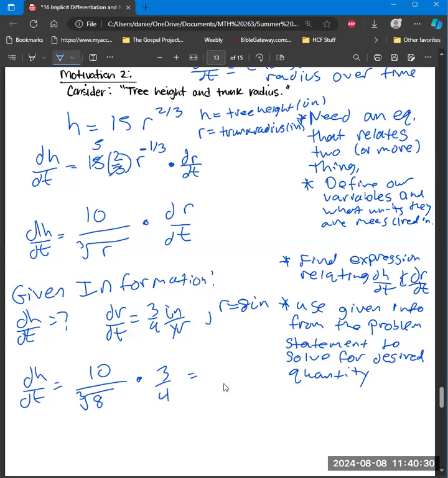So that's going to be 30 over 2 times 4, which is going to give me dh dt is 15 over 4. Remember, h is measured in inches, t is measured in years. So that's going to be 3.75 inches per year.